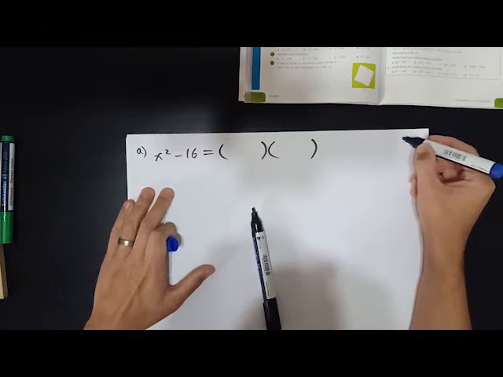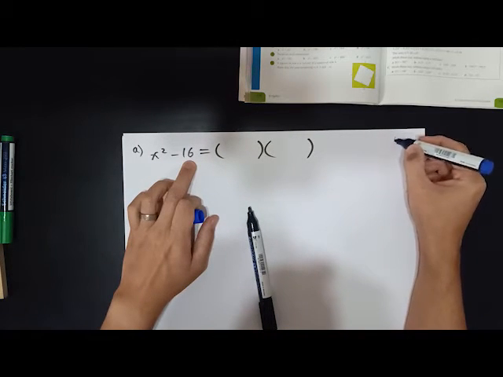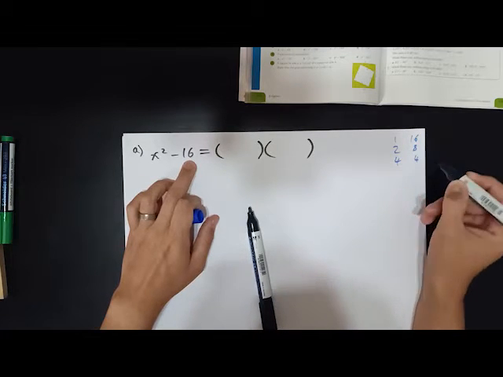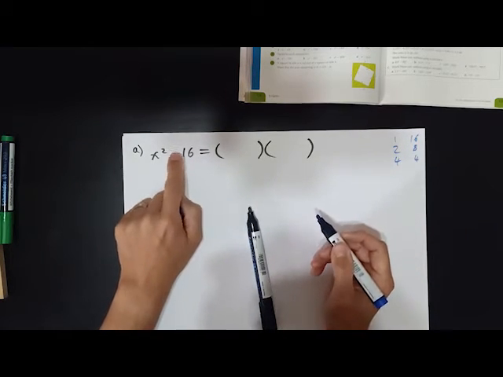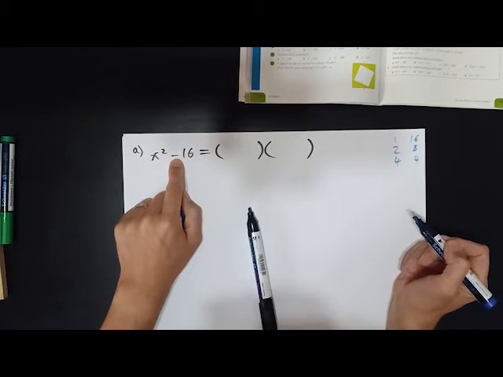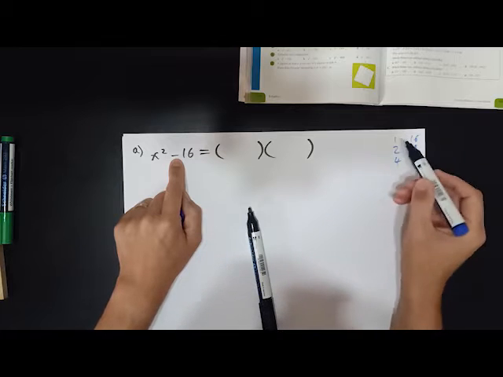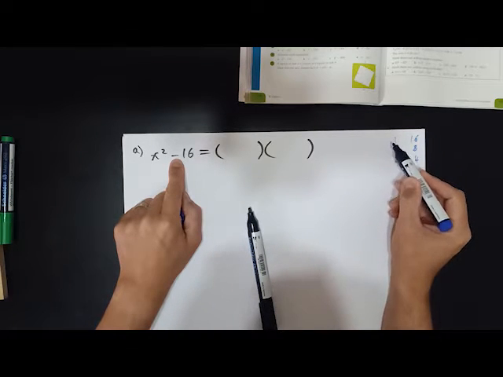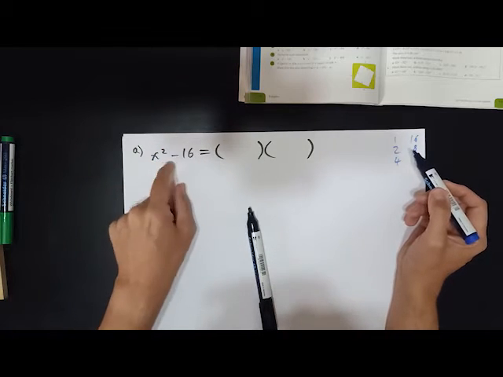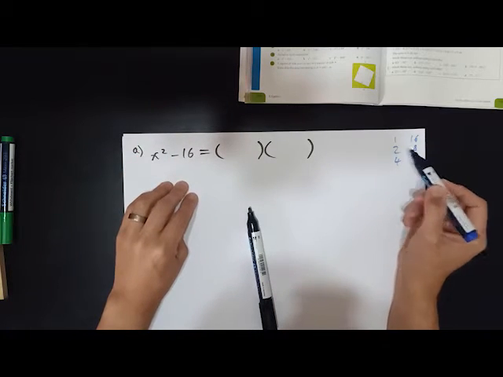Same rules apply. What multiplies to make 16? 1 and 16, 2 and 8, 4 and 4. Now look, it's negative. So that means one of the pair is going to be negative. Then we need to add them up to get the 0 that you can't see because it's 0.